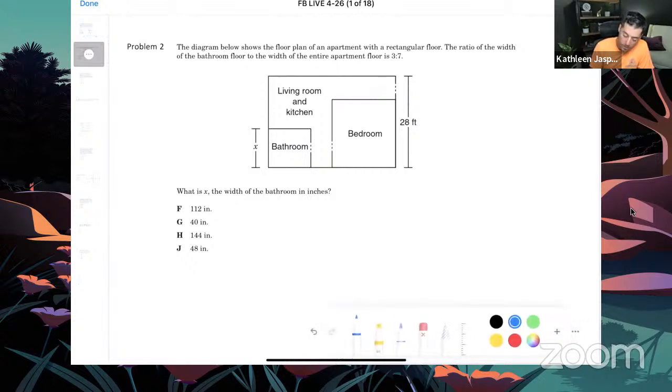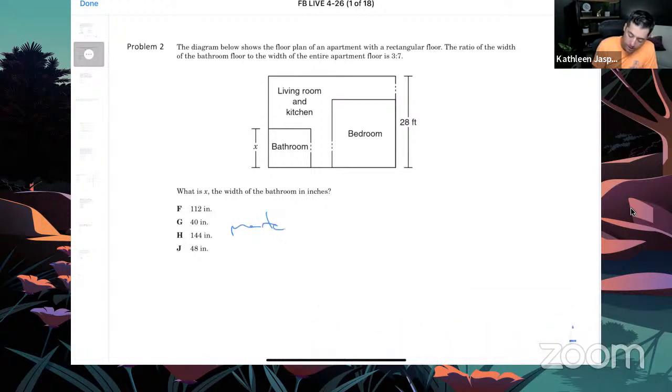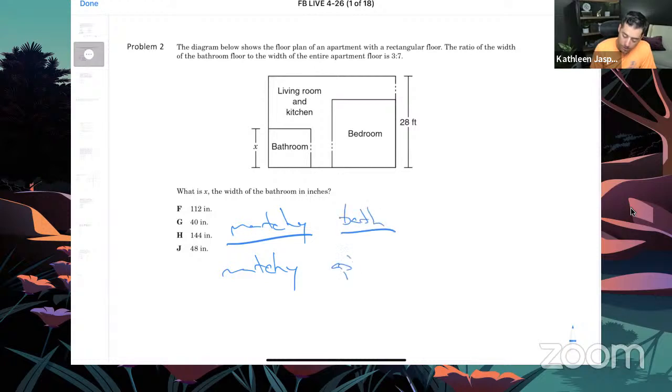And when I do proportions, I like to do what is called, I'll just do it down here, matchy. So my matchy is going to be, in this case, I've got the ratio of the width of the bathroom floor to the width of the entire apartment. So I will do bathroom over apartment.